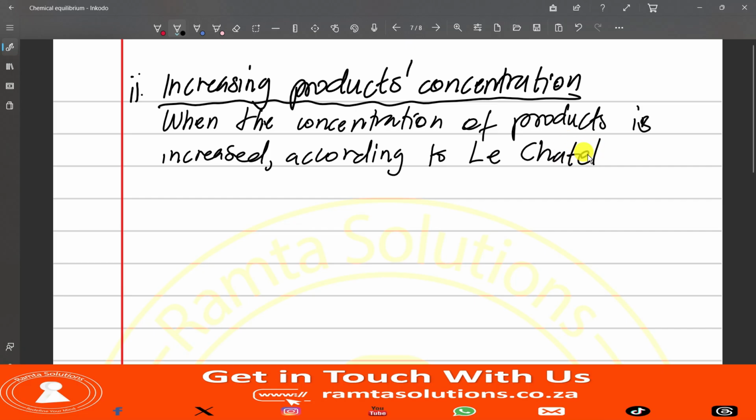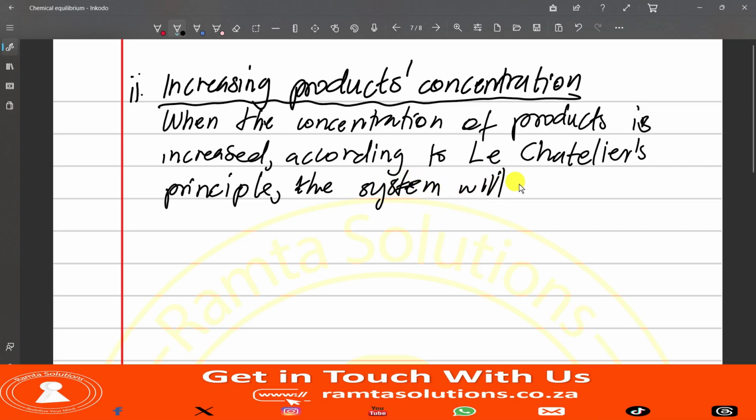According to Le Chatelier's principle, the system will act to oppose the disturbance.